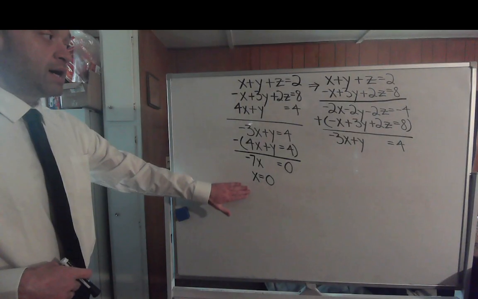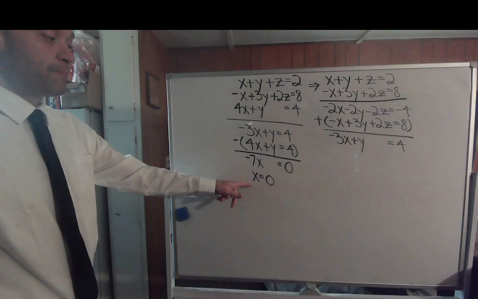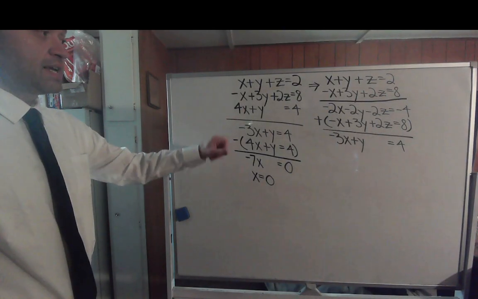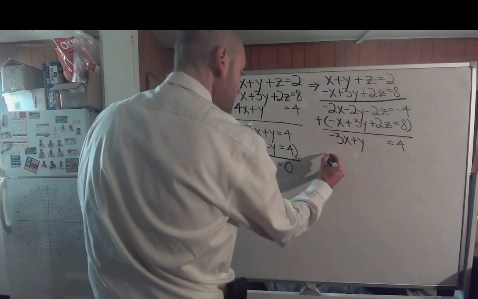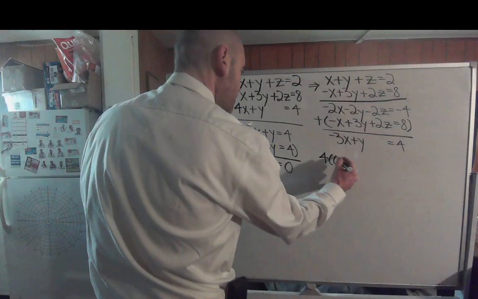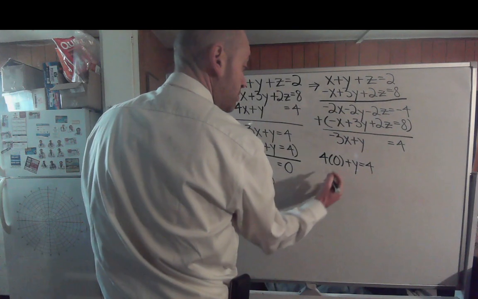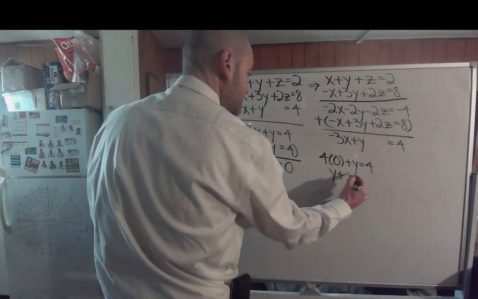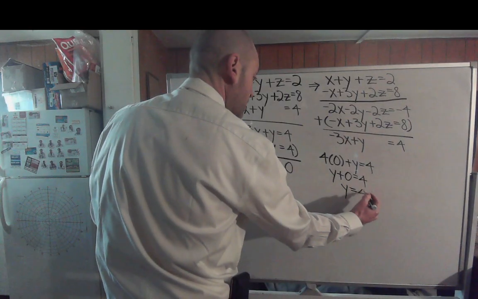Now what about y? Why don't we take that x equals 0, substitute that into the third equation of the original, so you would have 4 times 0 plus y equals 4. That would give you y plus 0 equals 4, or simply y equals 4.